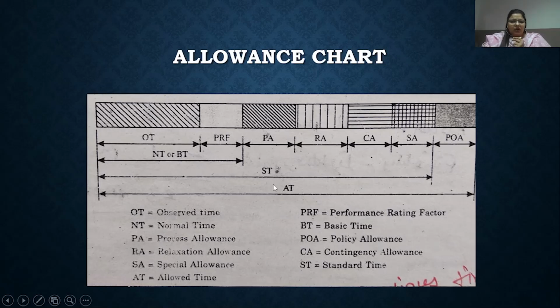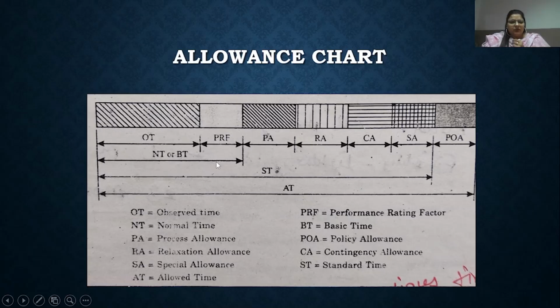This is a chart taken from a book, in which you can see a particular process through which we can easily calculate the observed time, the PRA, the PA, the RA, the CA, the SA and the POA. This is the overall process through which we can easily calculate the particular work measurement.